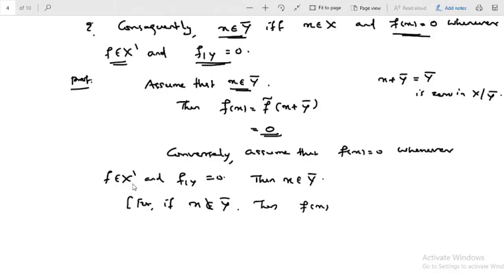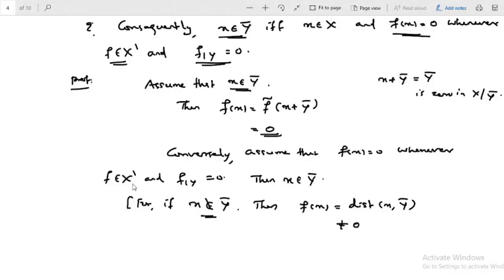f of x, we know by the definition, by the result, f of x is equal to the distance between x and Y closure, which we proved in that statement. And if x does not belong to Y closure, then the distance between x and Y closure is not equal to 0.